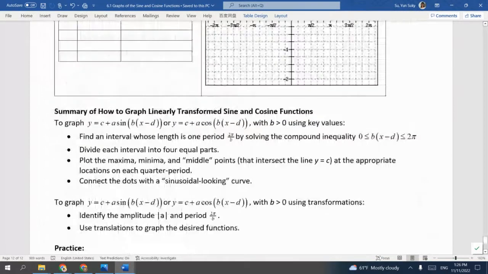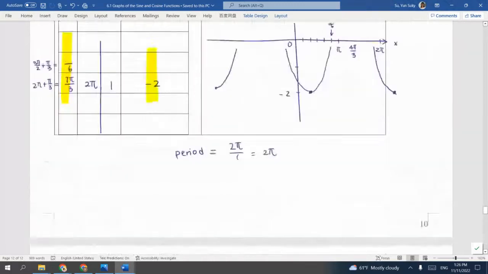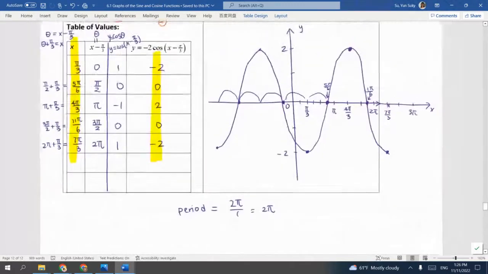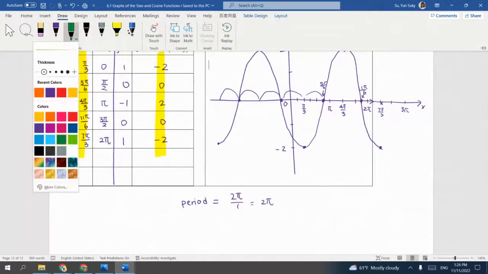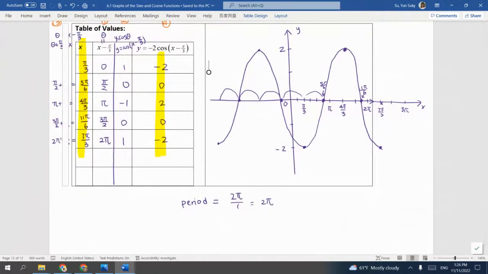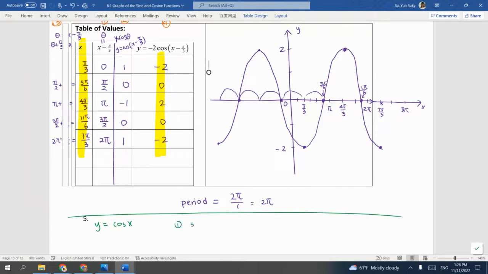By the way, we finished this problem, but if I want to ask you, how do you transform, outside of this problem, you start with cosine x. How do you get to this one? What operation did you do? First one, shift left or right?